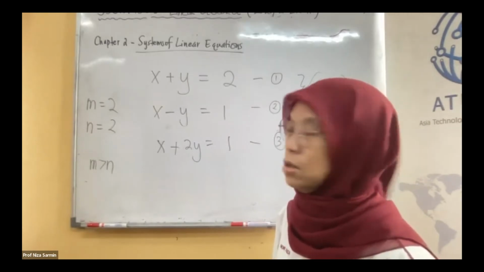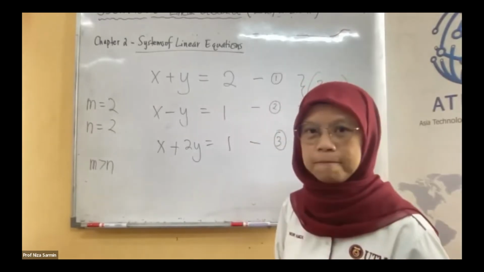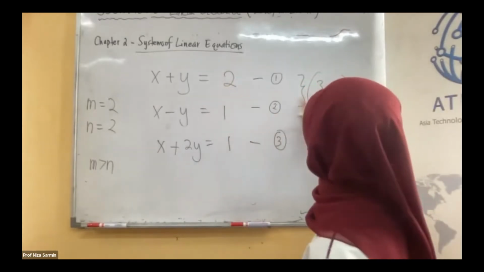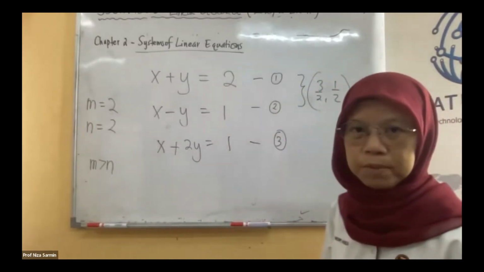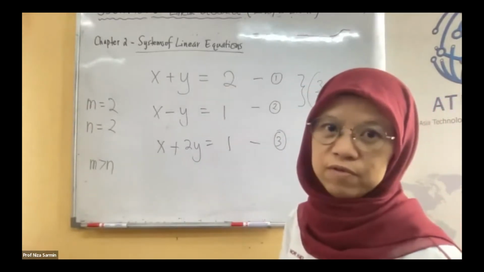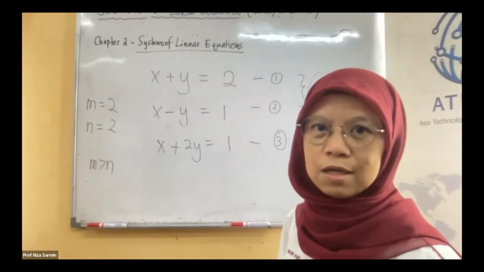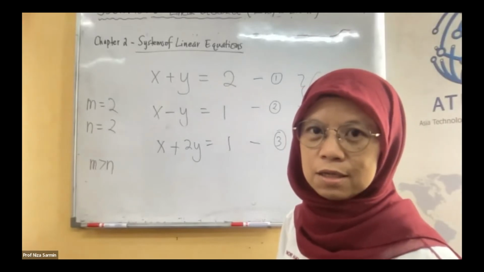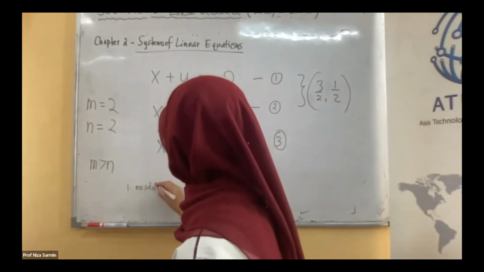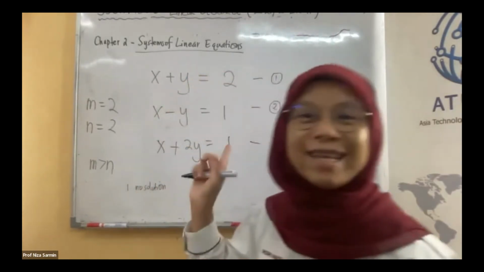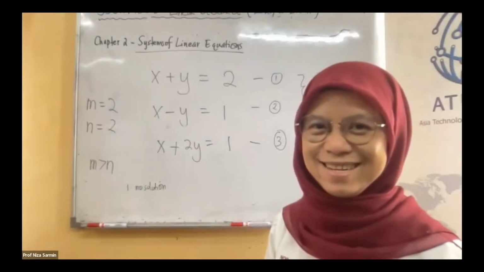This is also no solution for this one. Because if you solve this, you get this, but if you put in here, you get 3/2 plus 1 is 5/2. So in that case, there is no solution. In that case, I didn't say in general, right?